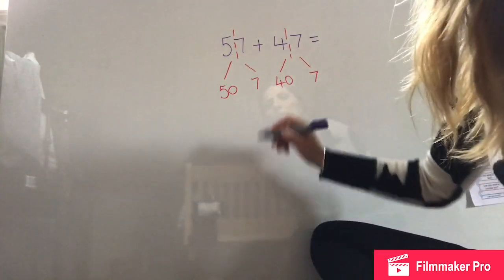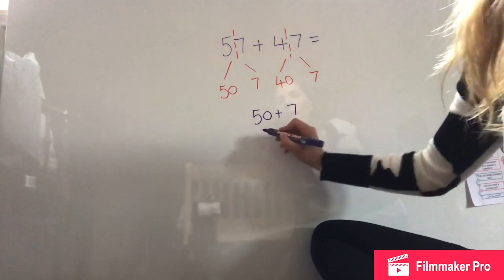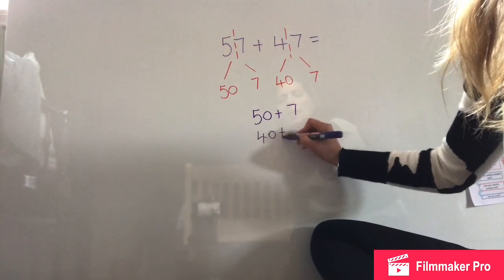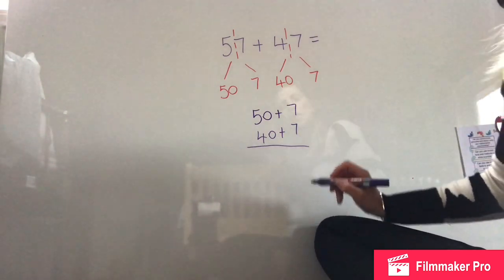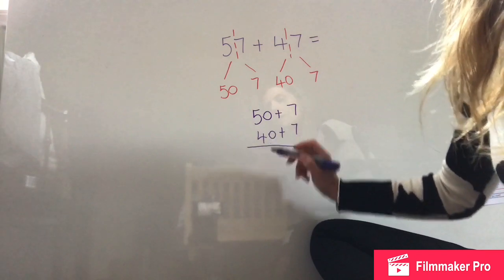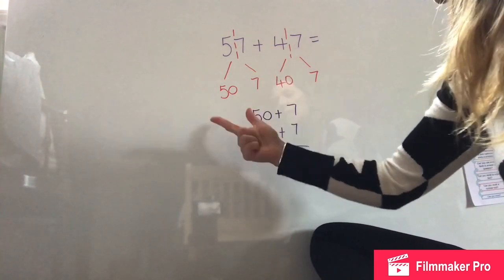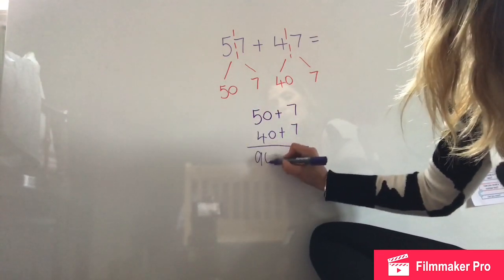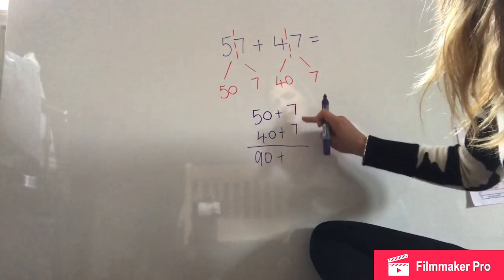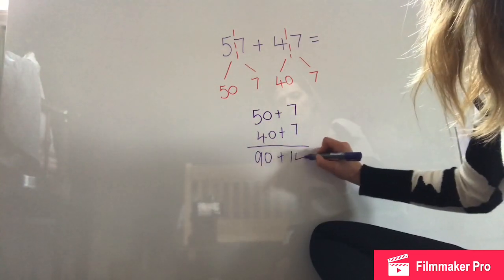So my number sentence is going to say 50 add 7 and 40 add 7. Okay, so 50 and 40, so I'm going to put 50 in my head, 50, 60, 70, 80, 90. Add, oh, and 7 and 7. Now I know that double 7 is 14.